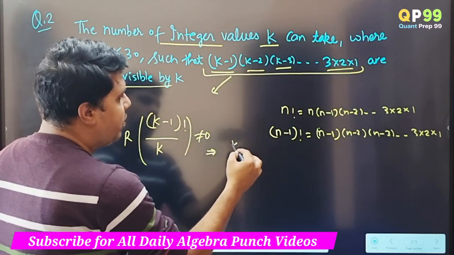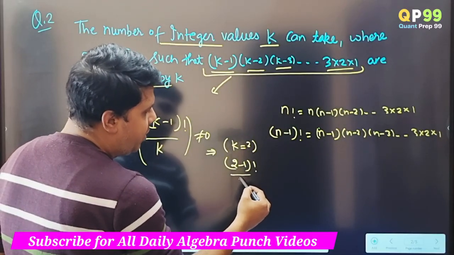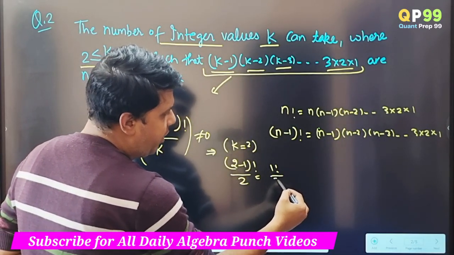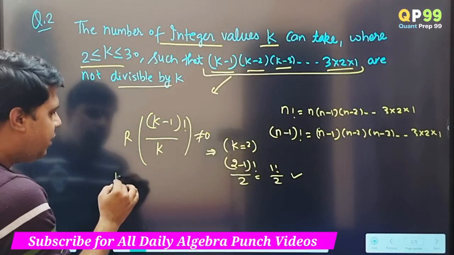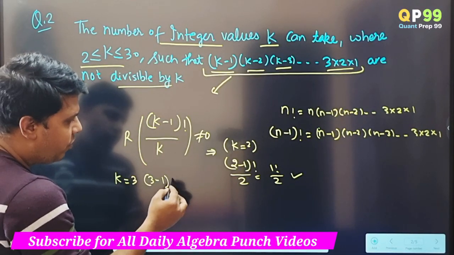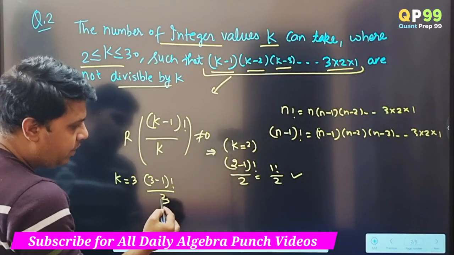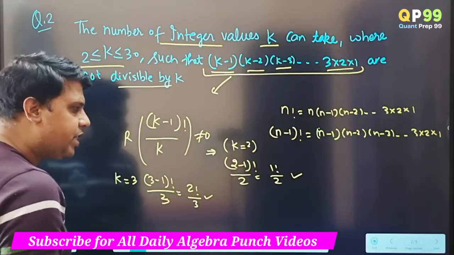If I say K equals 2, this is 2 minus 1 factorial divided by 2, so this is 1 factorial divided by 2, so this condition is satisfied. Similarly if I say K equals 3, then 3 minus 1 factorial divided by 3, the value of K being 3, so 2 factorial divided by 3, this is also satisfied.